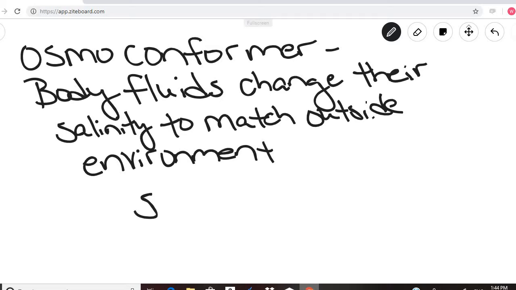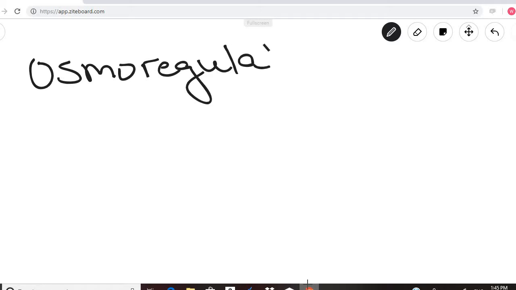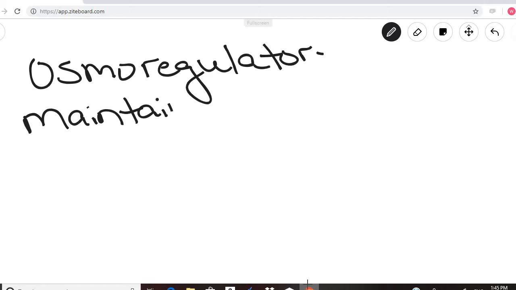An example of this would be a sea anemone. As the salinity of the water changes, sea anemones are able to change the salinity of their bodies. That is an osmoconformer. And another term that we've seen before is an osmoregulator. And an osmoregulator is one in which they are able to maintain constant salinity within their body.